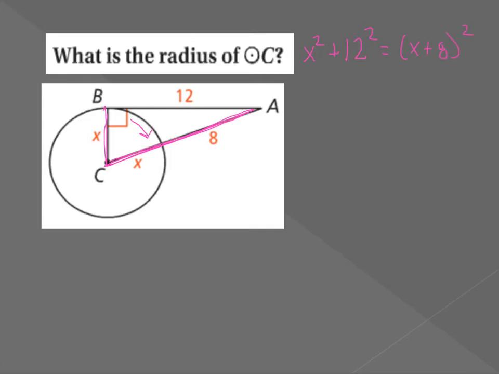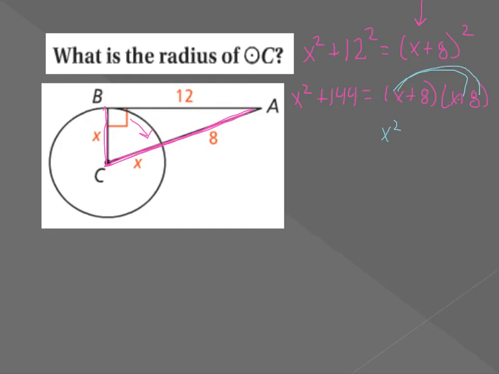So now I'm getting into my algebra stuff because I have to FOIL this out. So I have my x squared plus 144 is going to be equal to x plus 8 times x plus 8. And FOIL's doing your first times second. So it's x times x first. That's x squared.